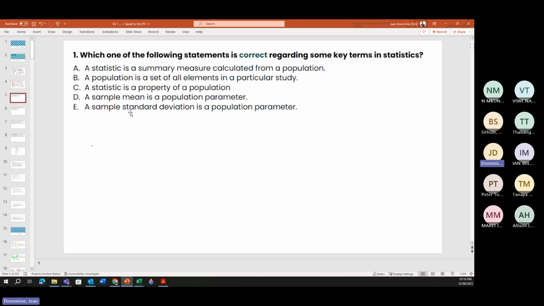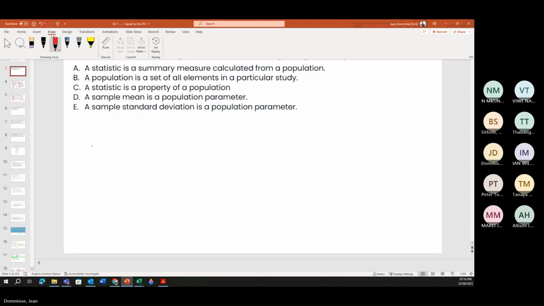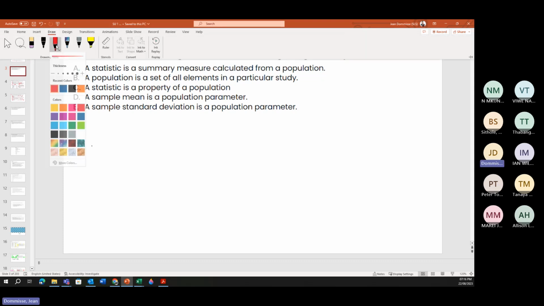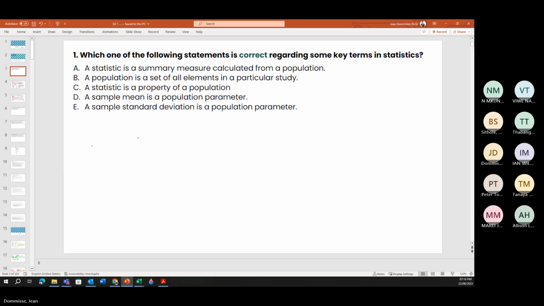Okay, so here, let's move that a bit up. So here's one that is looking at just simply the first part of study unit 1. So which one is correct?